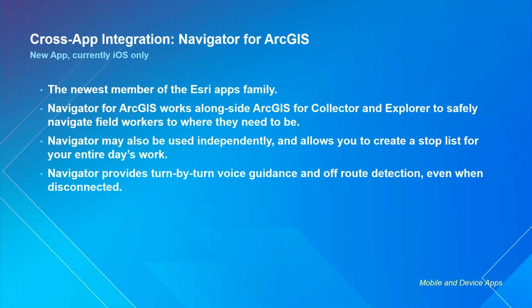One of the key delineations here is that you don't have to be online to use Navigator. Say I'm up in an area in the wilderness, or I don't have a good 3G or 4G connection, or any connection whatsoever. What I can do is download mobile map packages, and the mobile map package is used on the device to do the navigation.